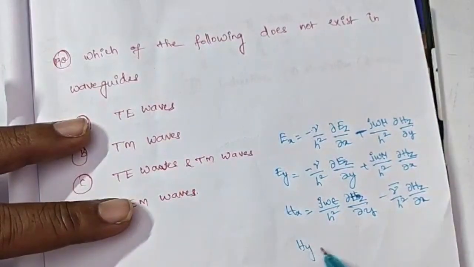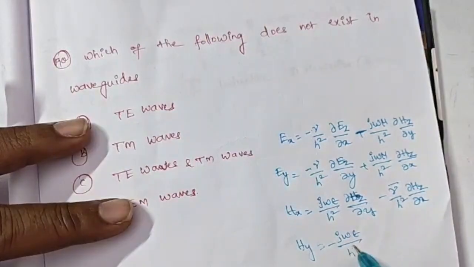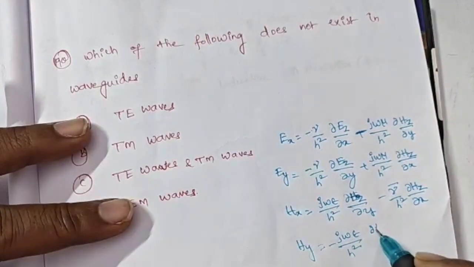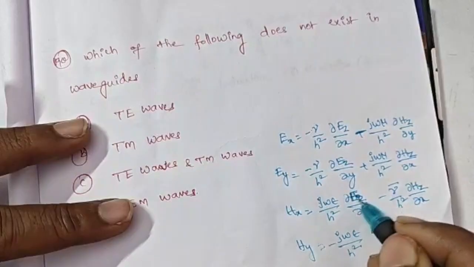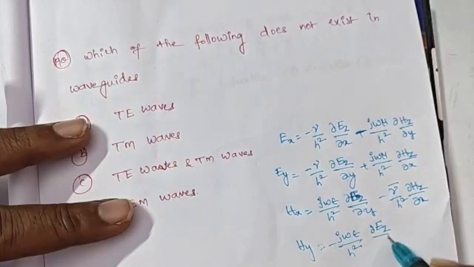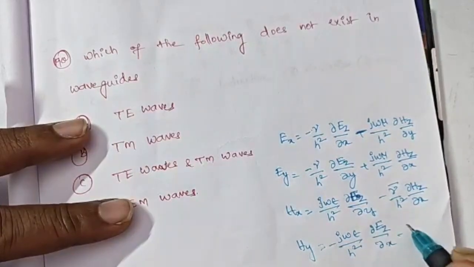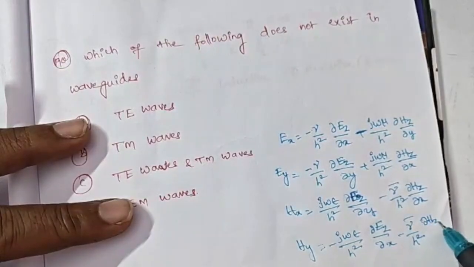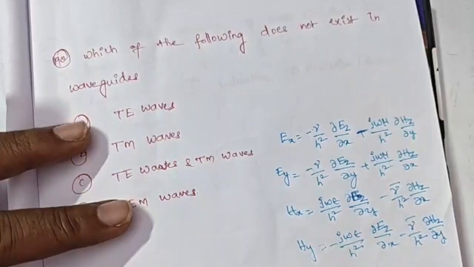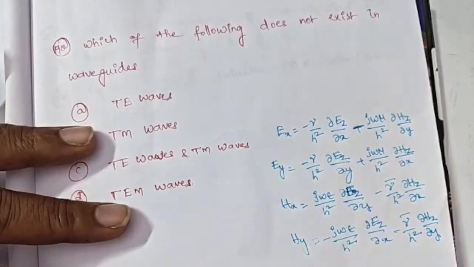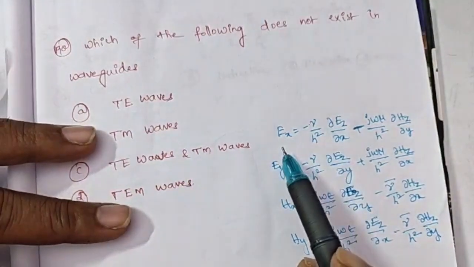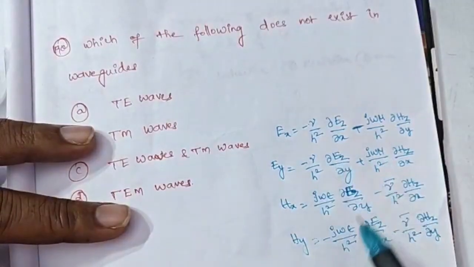Similarly, Hy is equal to minus j omega epsilon by h square dou Ez by dou x minus gamma by h square dou Hz by dou y. Okay. Now, these are the field components in a rectangular waveguide in terms of Ez and Hz.